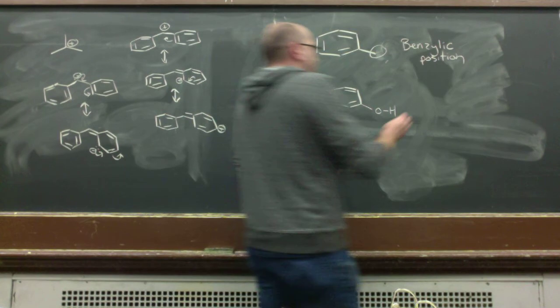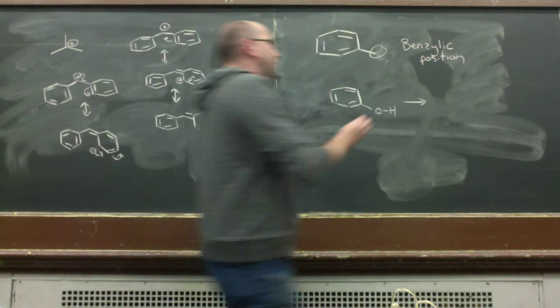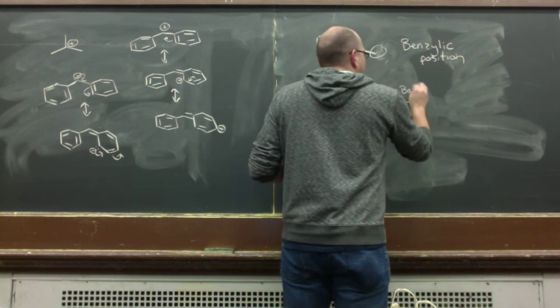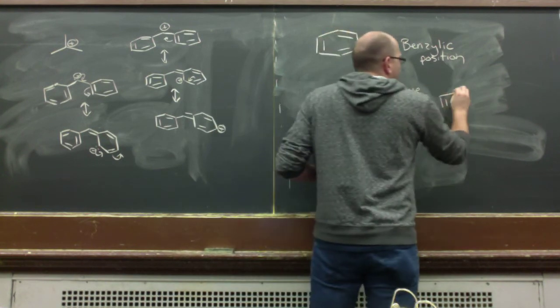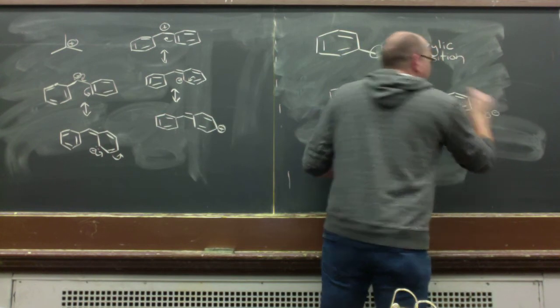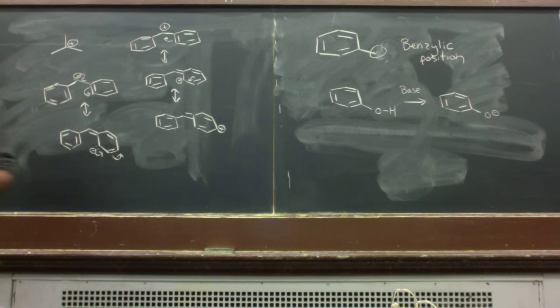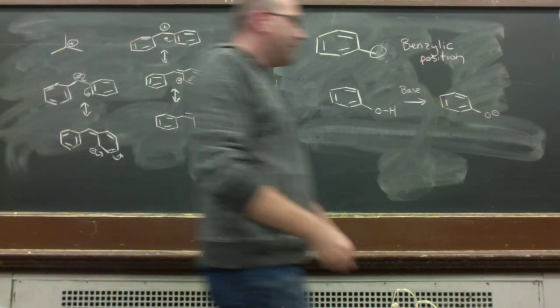And if you think about deprotonating this molecule, if you treated it with some base, what we would end up with is what we call a phenoxide, this O- group on it, right?